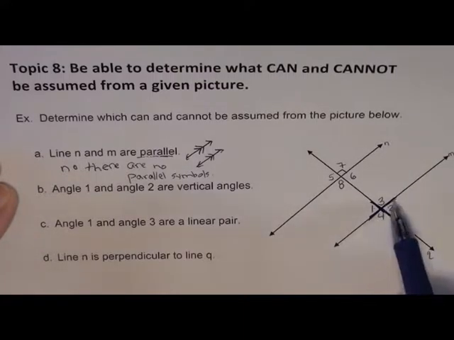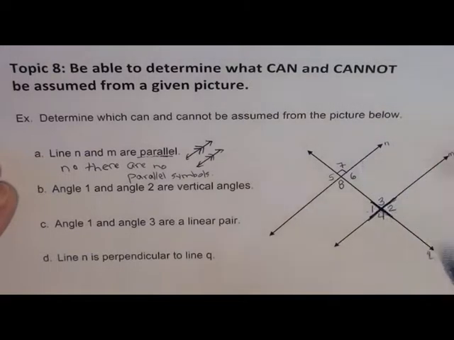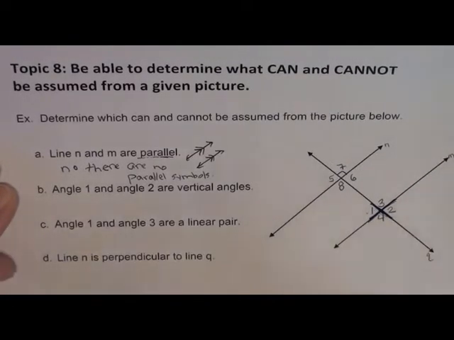There is an X. And 1 and 2 are opposite one another in the X. That is in fact true. There's nothing here that could make that wrong because M is a line and Q is a line. We know these are straight. That's not just an illusion for us.